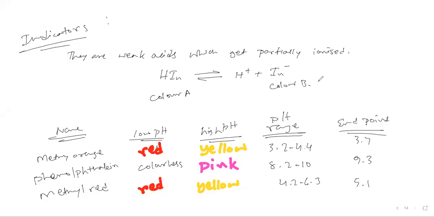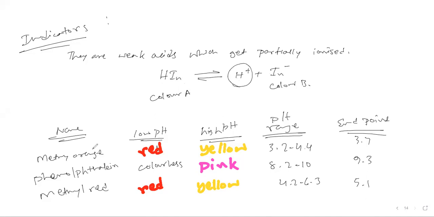Indicators are better known as universal indicators. They are weak acids which get partially ionized. This is the general equation where HIn is the acid, and when it partially ionizes, it forms H plus and In minus.